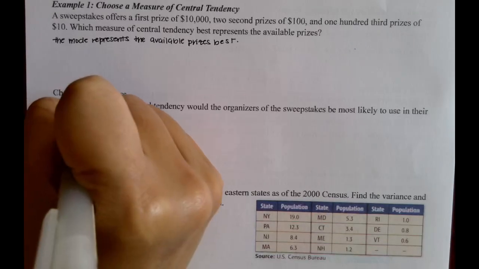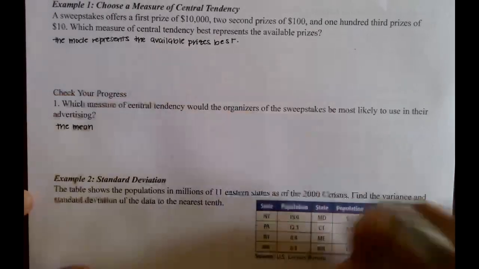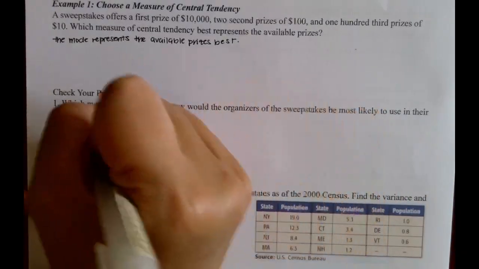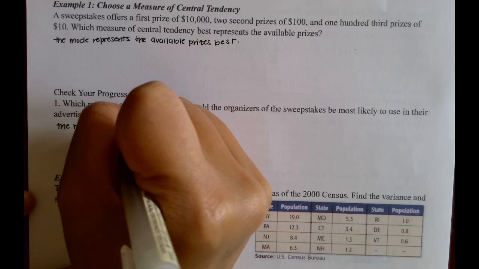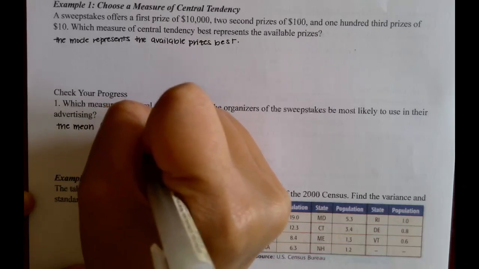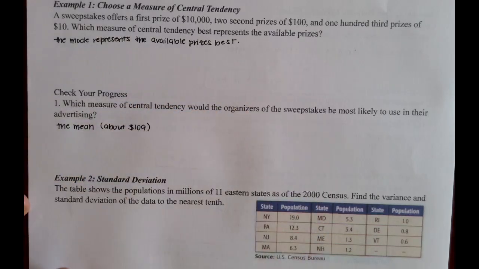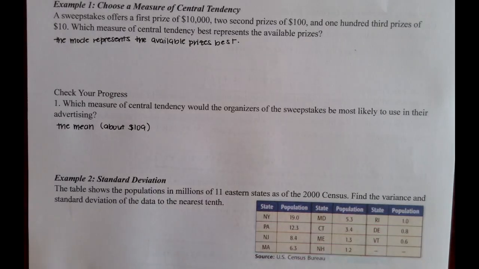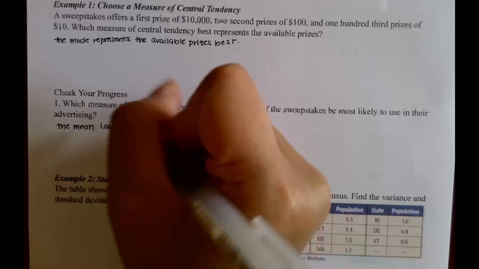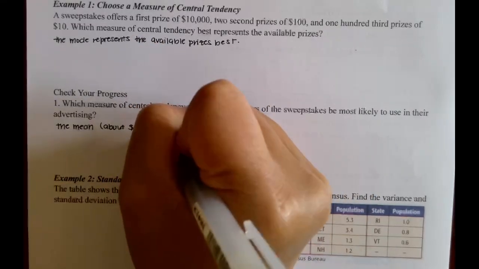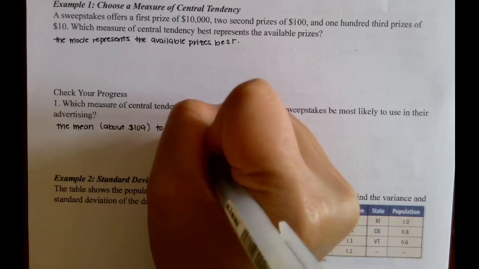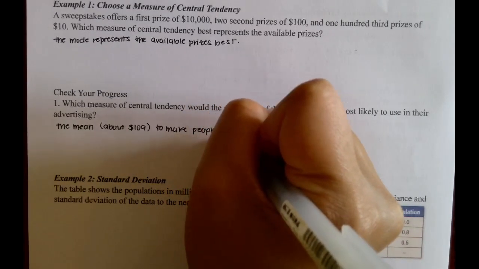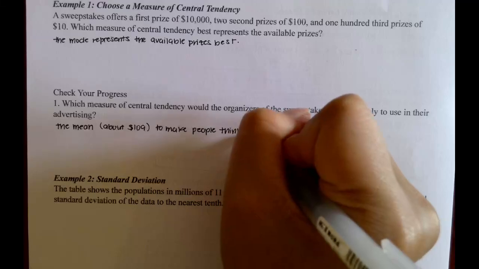The reason why is that if you actually did the math for all of it, the mean is about $109. If you said that the mean, or the average, person is going to win $109, you're going to make people think they had a better chance of winning more money.